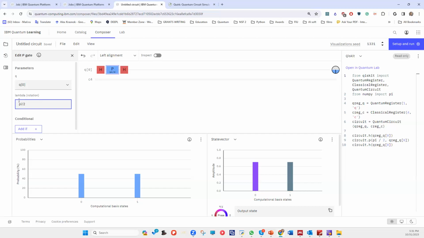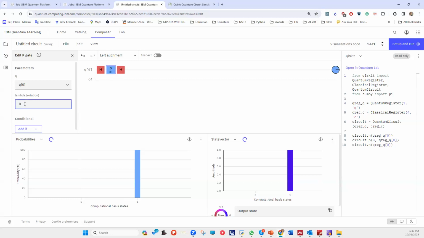So now I can change the phase of the phase gate. For example, let's put pi. And for pi, we get just state 1, in perfect agreement with our findings.